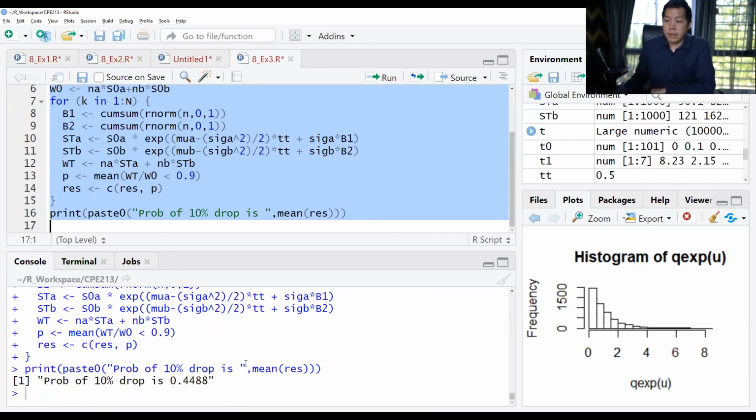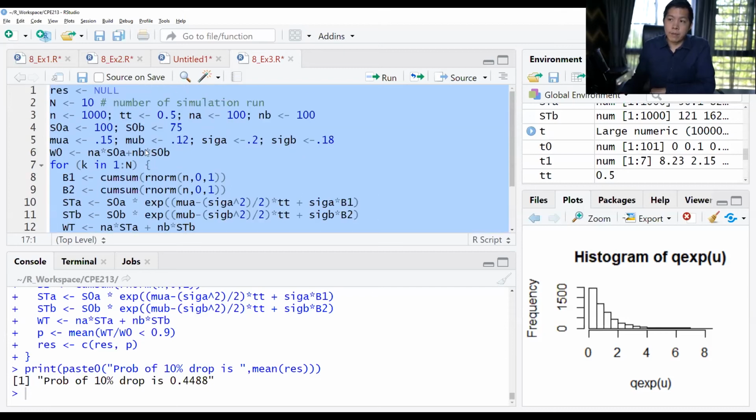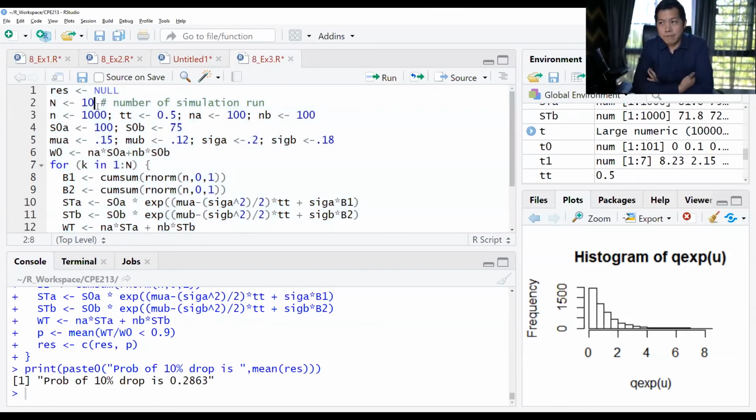Okay, and with 10 times you get 40%. That's bad. 20%, 29, 44.